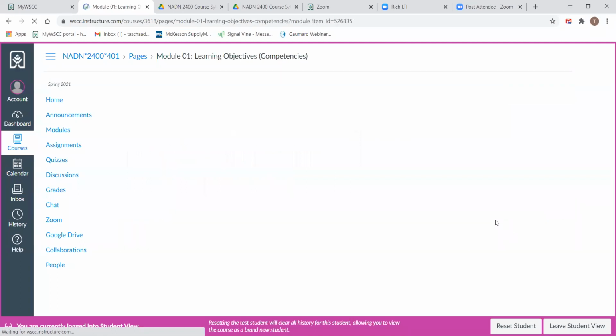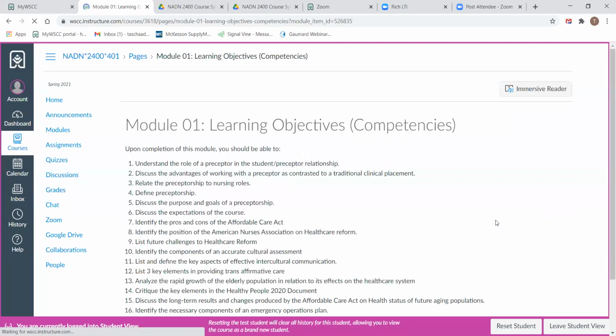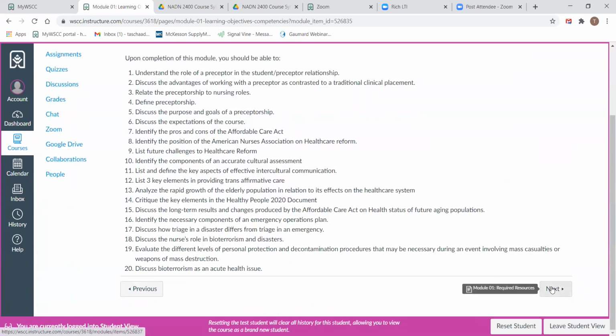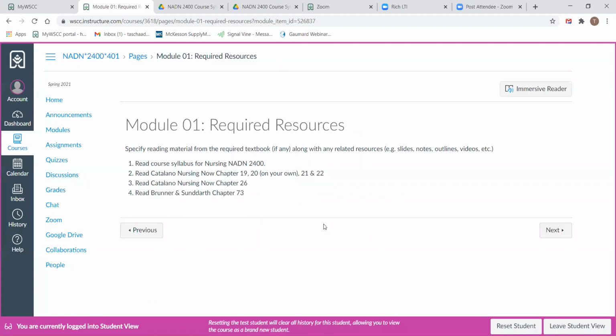So when I get through here, you'll have learning objectives, which these are in your syllabus as well. Okay, it's just broken down into smaller. Here are the required resources. I will also have, once I get your lecture completed and your notes ready, they will be uploaded under the required resources.